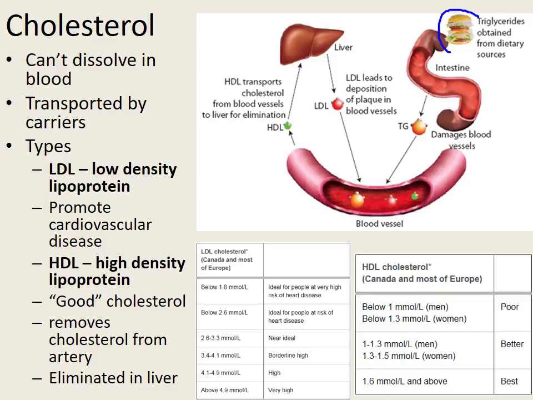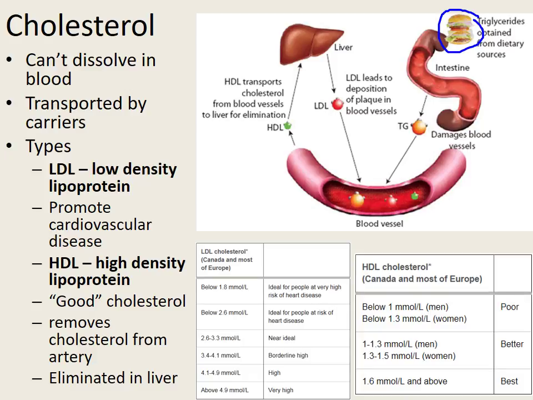So taking a look here, a big burger, we eat it, we digest it, we absorb it through the intestines into our blood vessels, and it's floating around our blood vessels. In excess, the triglycerides and the LDL that we get from our diet will build up in the blood vessels and could definitely promote cardiovascular disease.